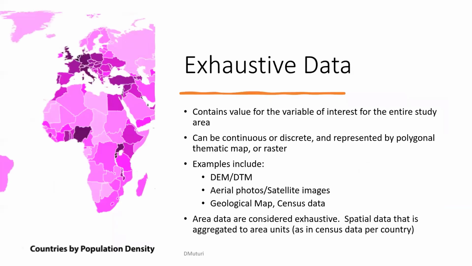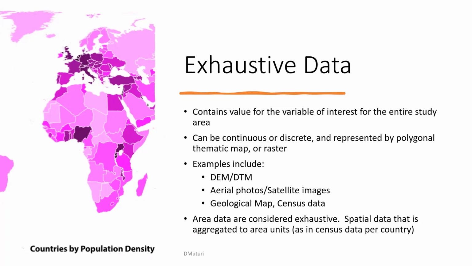Then another one is the exhaustive data. This is the one that summarizes the above two, the event data and the fixed location data, into an area. So you can aggregate an area based on the above two types of data.